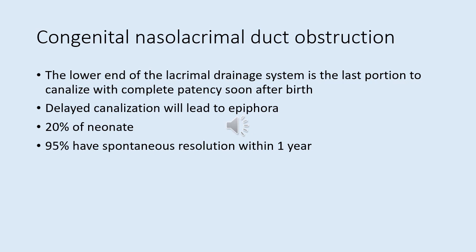The signs we will see on examination: there's epiphora and matting of the eyelashes, which may be constant or intermittent, and may be particularly noticeable when the child has an upper respiratory tract infection.